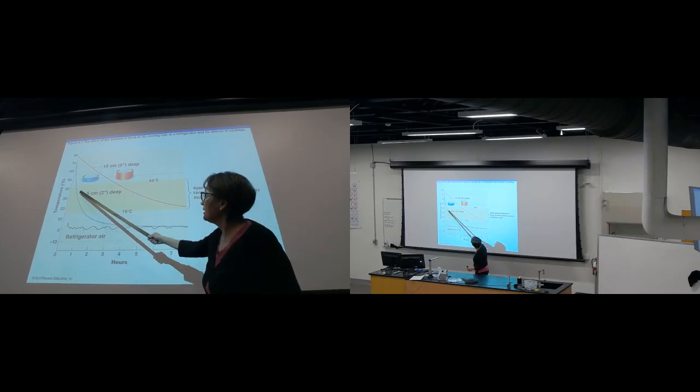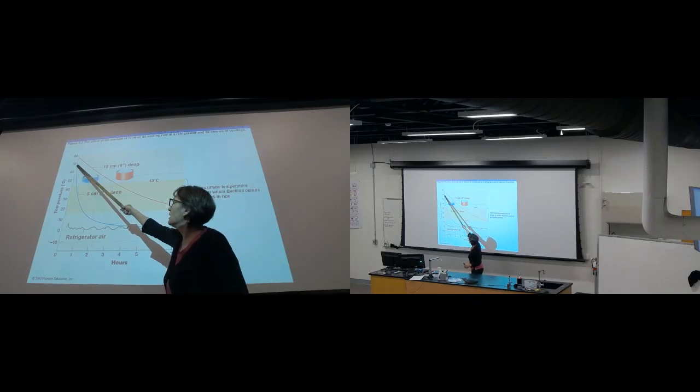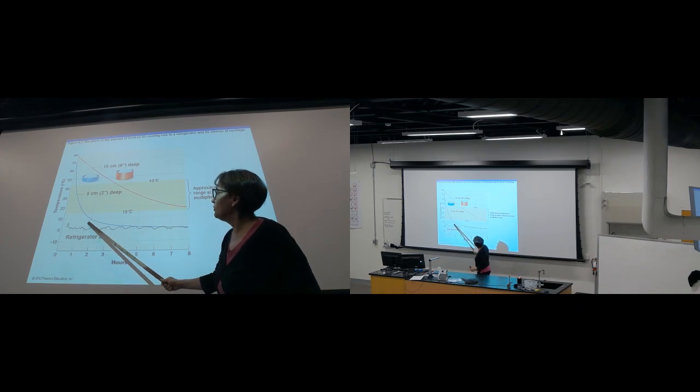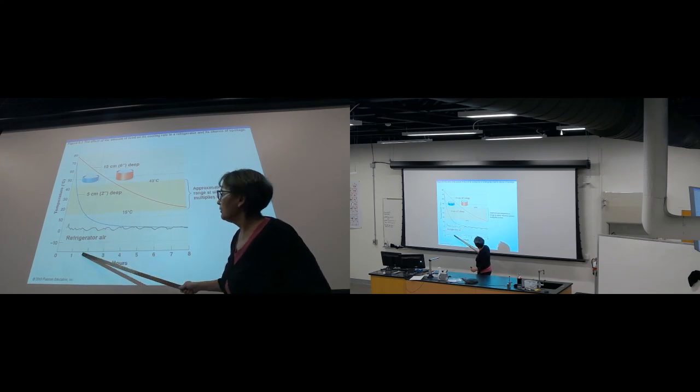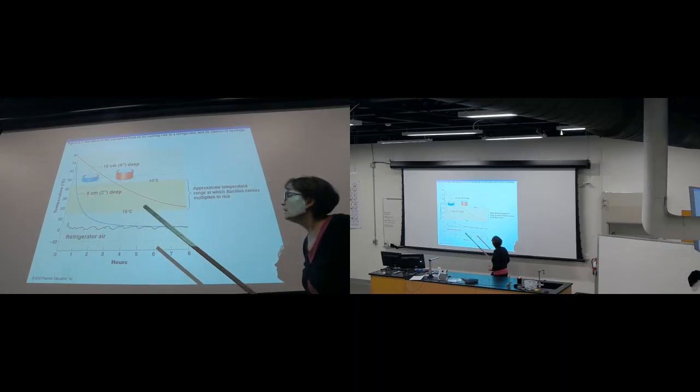So let's say you started with a temperature in the rice of 70, and you reach 15 within an hour and a half with this shallow container.